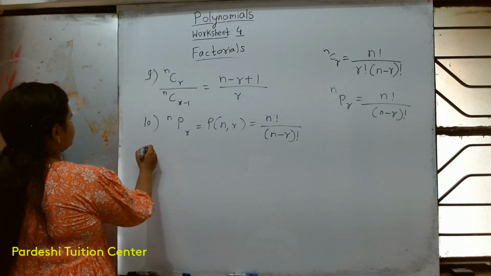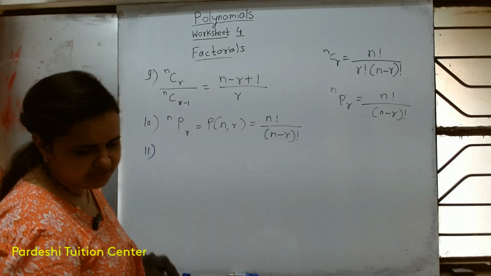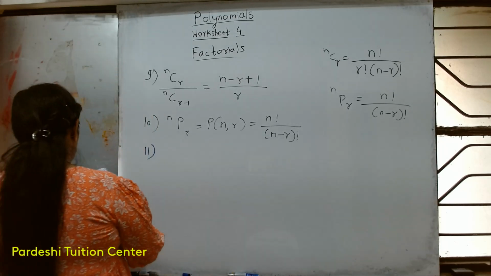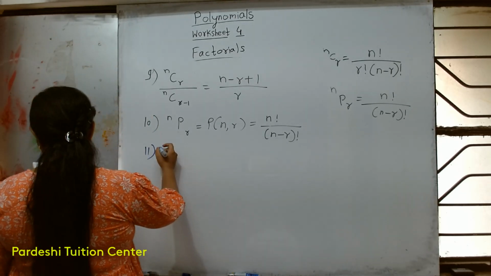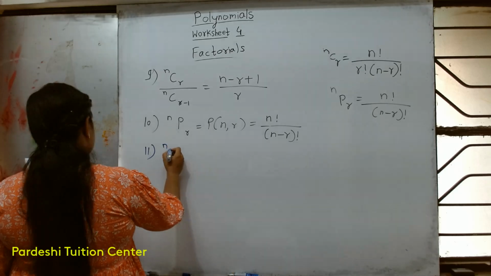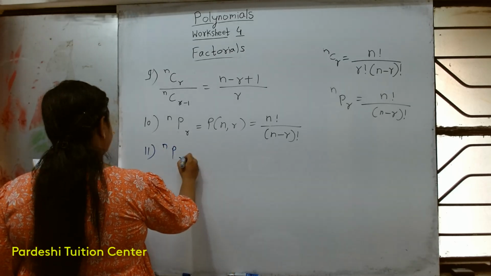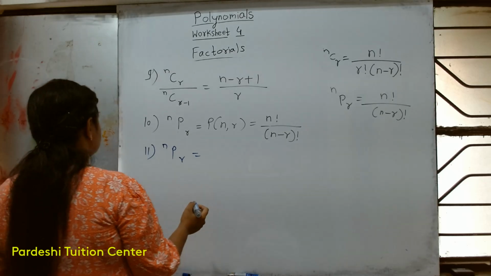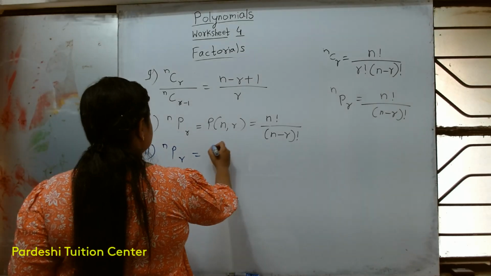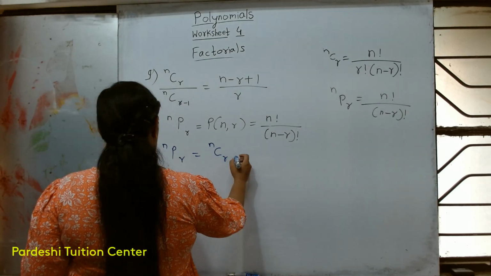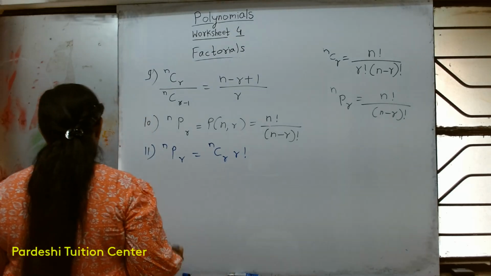Now the next formula for permutation is, just write all the formulas, don't just see and sit. nPr equals nCr into r factorial.